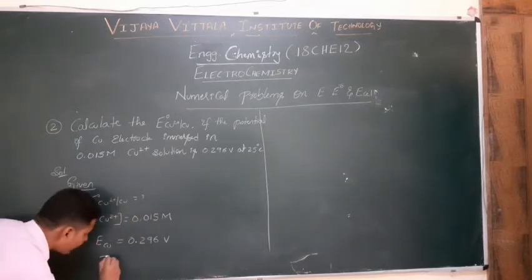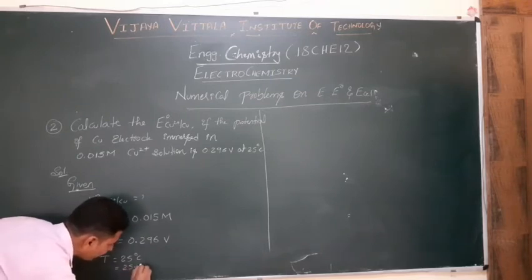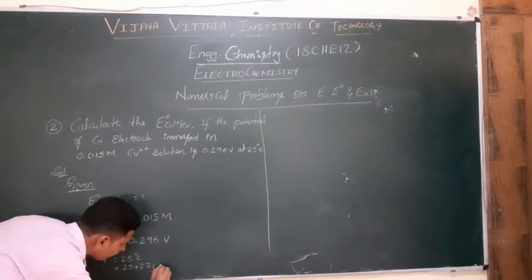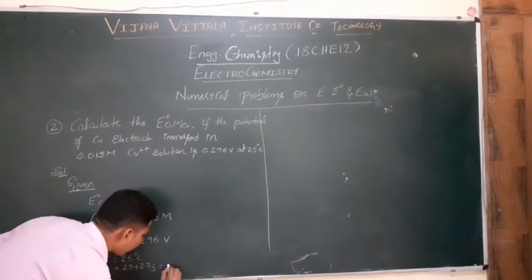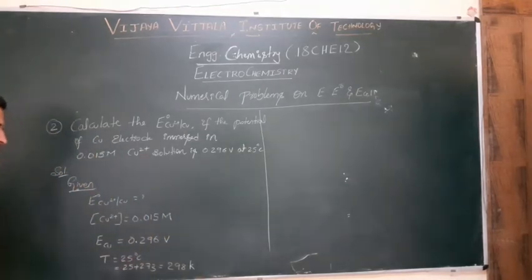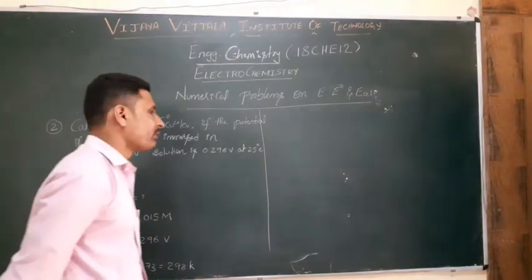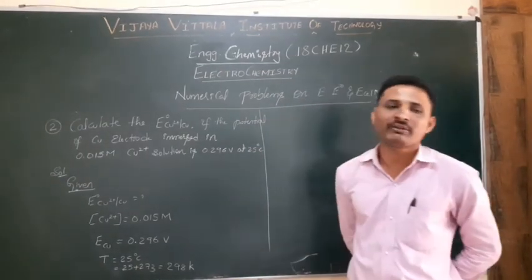The temperature given is 25 degrees Celsius. So 25 plus 273 is equal to 298 Kelvin. That is the temperature at which we need to calculate the standard electrode potential value.